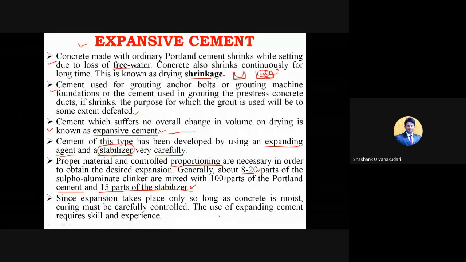The use of expanding cement requires skill and experience. So to add this expansive cement, we should have certain design concepts. Only as per the design concepts do we add that much percentage of the stabilizers or this expansive cement in the concrete, because whenever it reacts with water, it is going to expand. So proper curing has to be maintained for this.